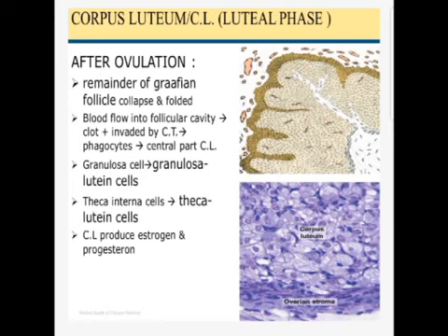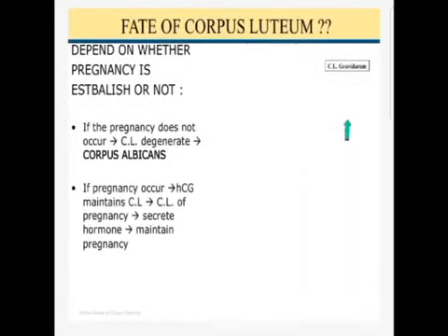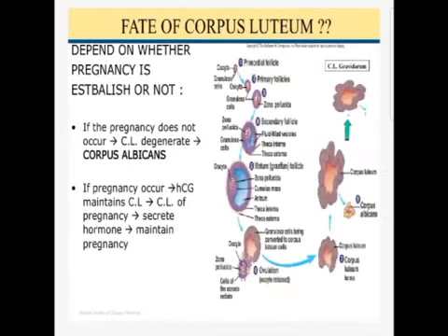In the central part of the corpus luteum, the granulosa cells become the granulosa lutein cells, and the theca interna cells become the theca lutein cells. And the corpus luteum produces estrogen and progesterone, and it remains for the next 6 months of the pregnancy.